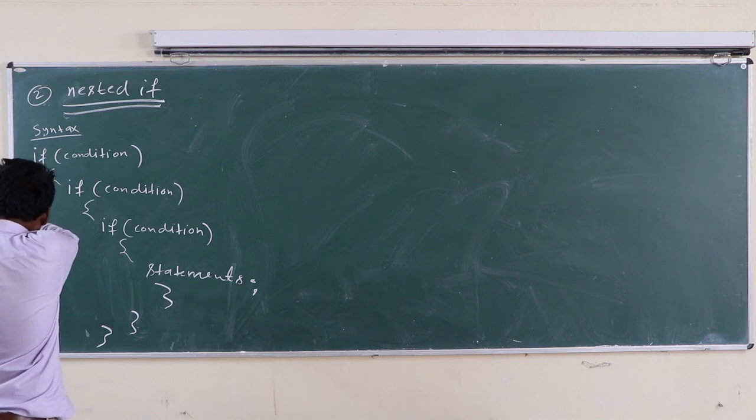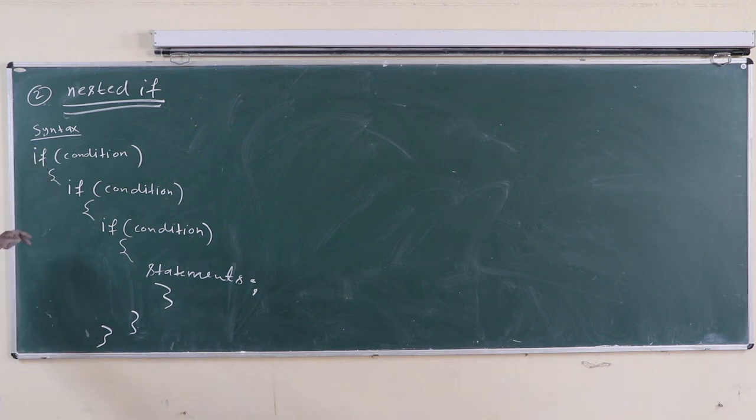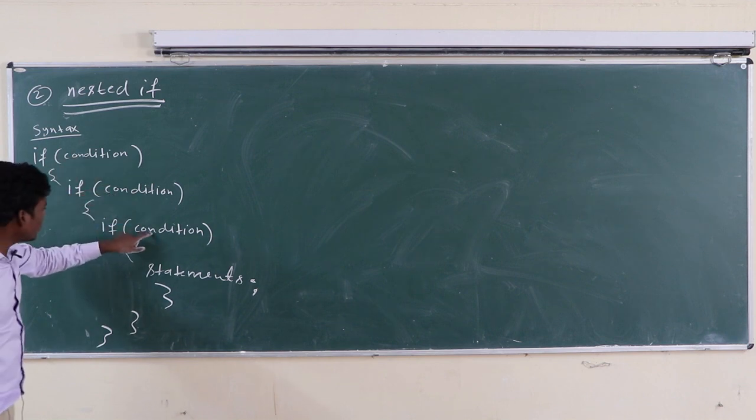Nested if. This is the syntax. One example of syntax of nested if. Here there are several if statements within one another. If this condition is true, then control goes there. If this condition is true, then control goes there.